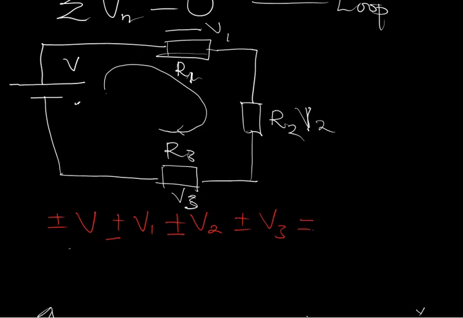If you sum it up, it should be equal to zero. Why am I using plus or minus? As I said, depending on the direction of the current across that particular component, the voltage can be plus or it can be minus, and I will show you some situations that will warrant the voltage across a particular component to be negative.